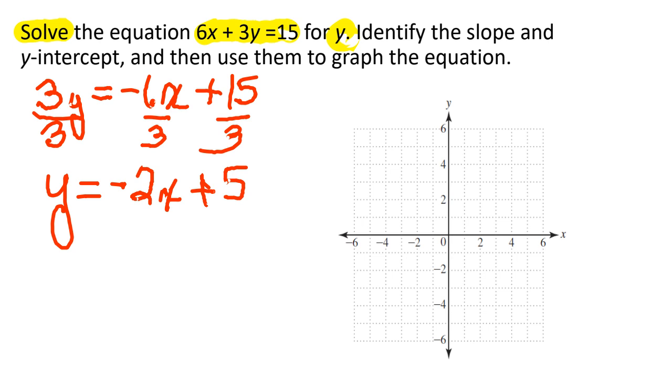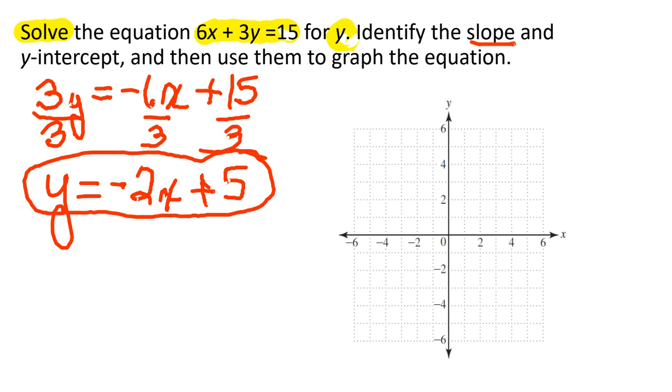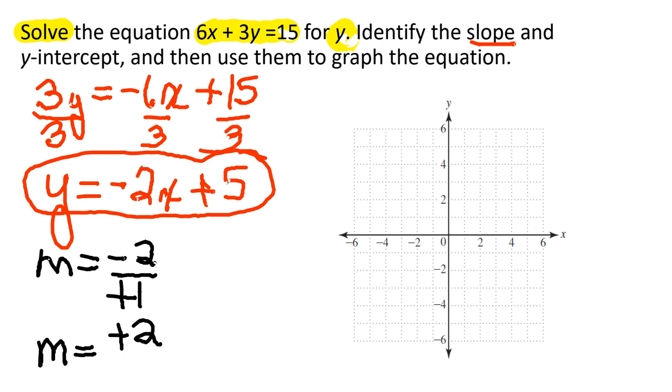Now my slope is a negative 2 over positive 1. But don't forget, my slope is also a positive 2 over negative 1. One is going to take me left or up.